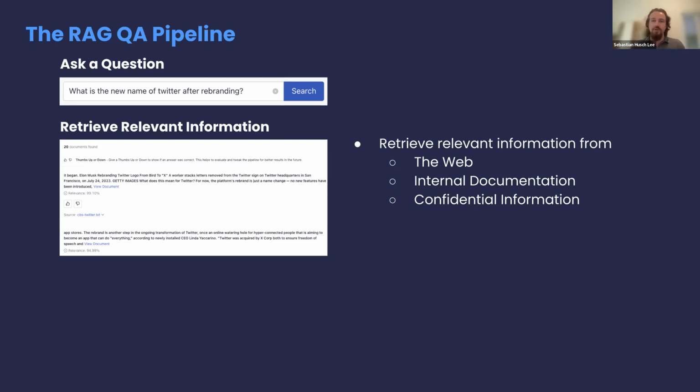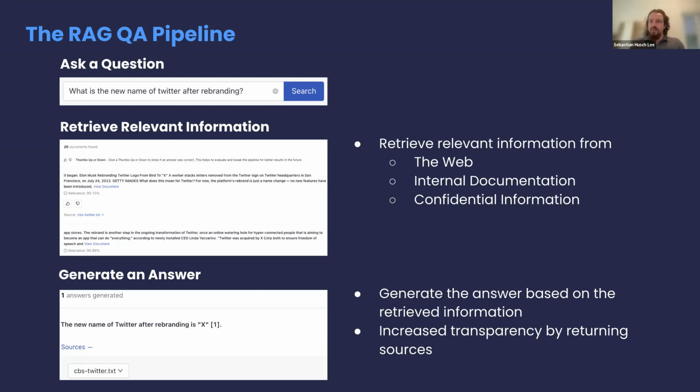In this case, though, you can retrieve information from the web, internal documentation, or confidential information. So any sources of information that these models probably haven't seen before. And of course, once you have this retrieved information, the model is capable of reading this new context and then answering the question.